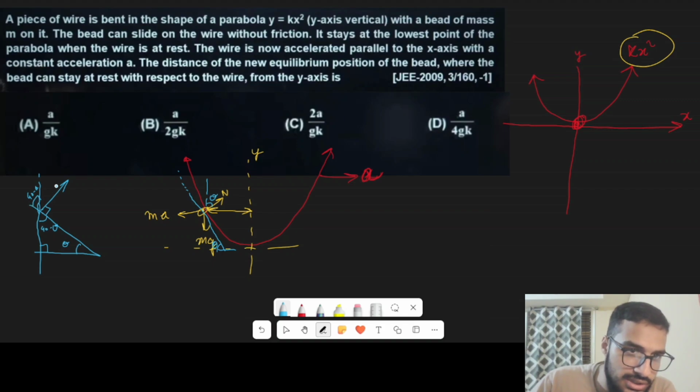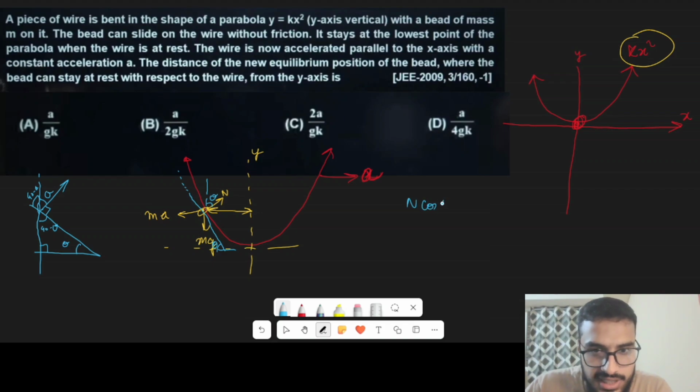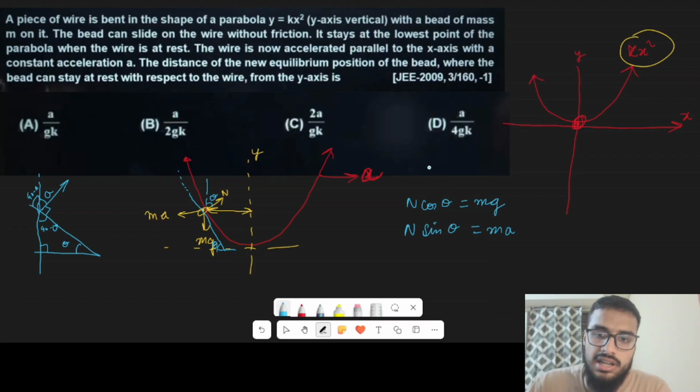And this is also 90, so this is theta. Make sense? So can you write N cos theta should balance mg, and N sin theta should balance ma. This is the condition of net force in x and y being 0, basically at equilibrium.